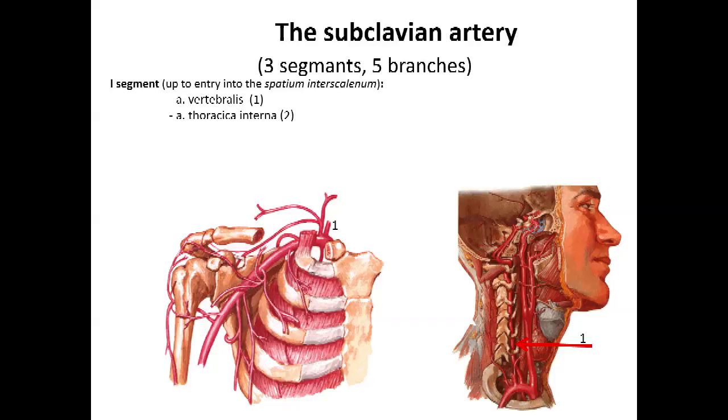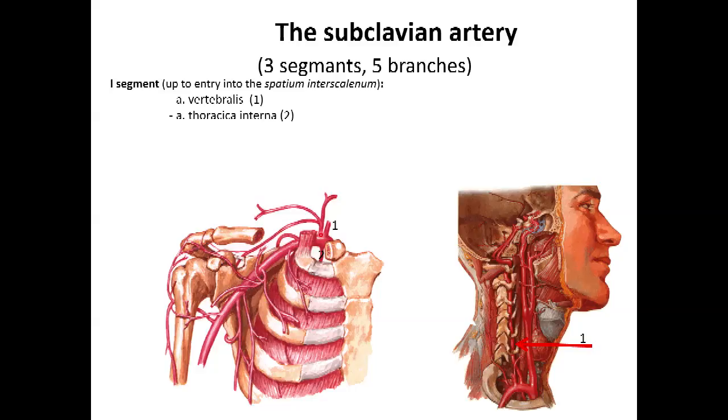Next, number 2 vessel is arteria thoracica interna. Arteria thoracica interna is designated by number 2. You can see that it is directed downward in the mediastinum.